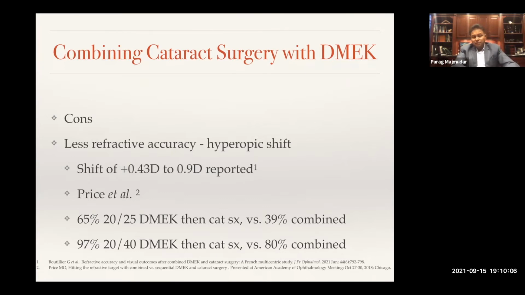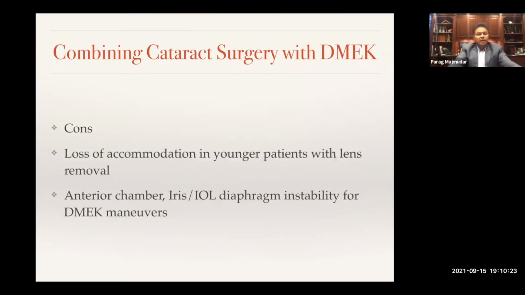And 97% were 20/40 with sequential DMEK and then cataract surgery, compared to 80% 20/40 or better with combined surgery. This is not difficult to overcome, but you certainly need to be aware of it as a cataract and DMEK surgeon.